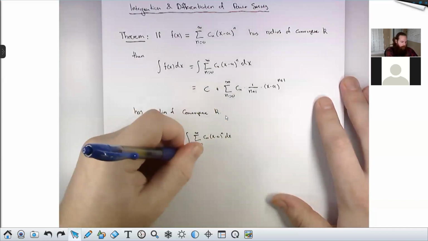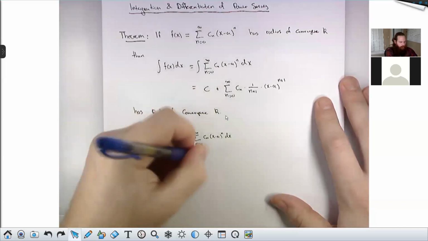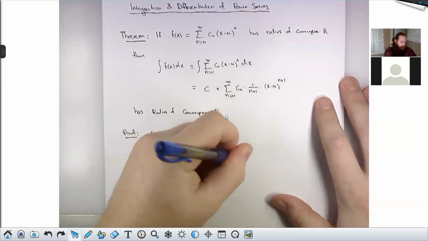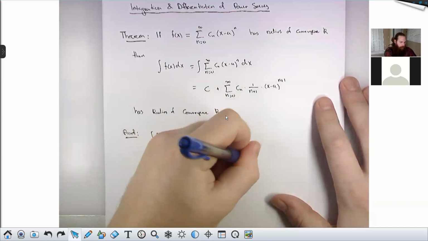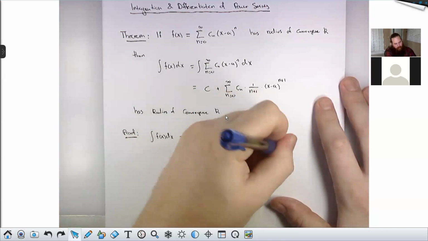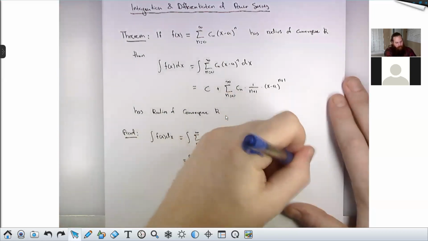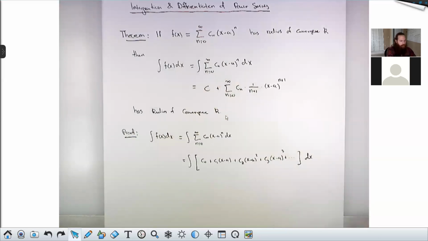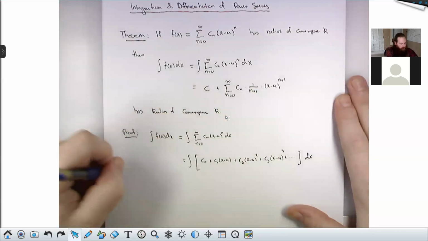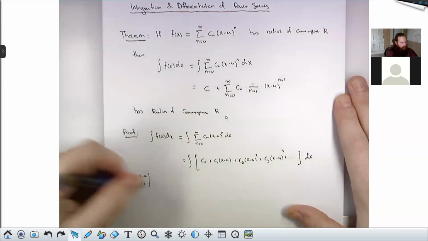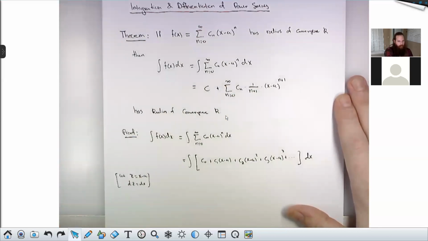Now I just write out the terms of the series: c0 plus c1 times (x minus a) plus c2 times (x minus a) squared plus c3 times (x minus a) cubed and so on, dx. Now I make the u substitution, or the z substitution. I let z be x minus a so that dz is dx. It's an indefinite integral, so no bounds to change.